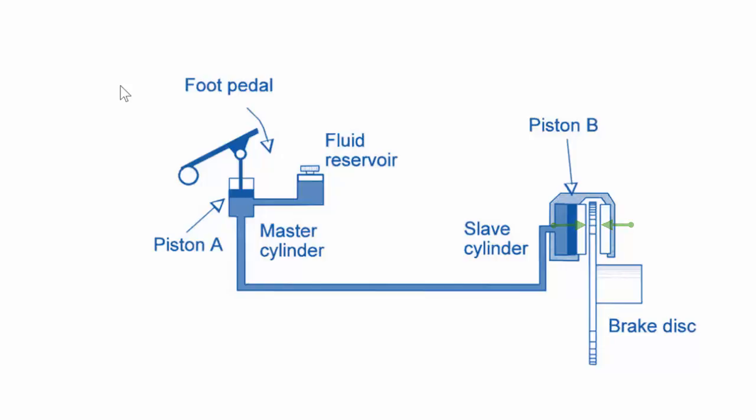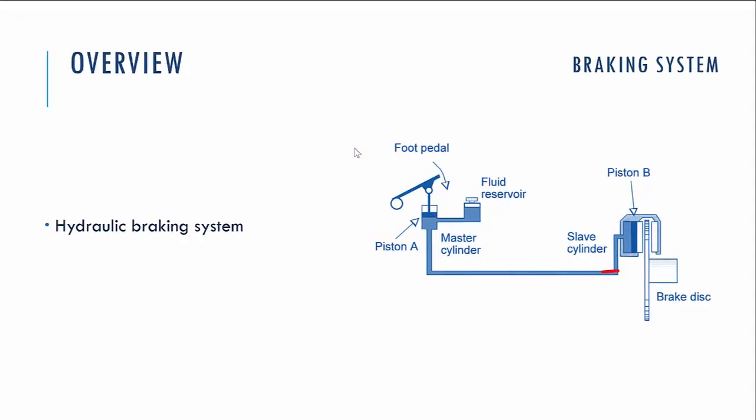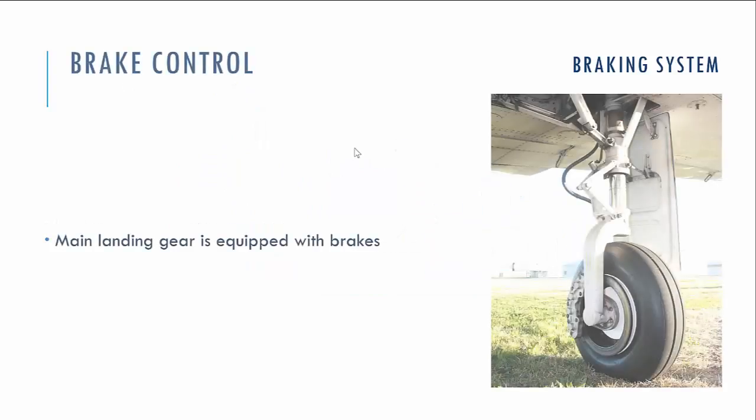This brake disc is mounted on the wheel. So pushing the pedal causes the braking action. As we see in this picture, this is the strut, I think the main strut of the aircraft, and here we can see the brake disc, this is the slave cylinder, and this is the power line. So the system is quite simple.